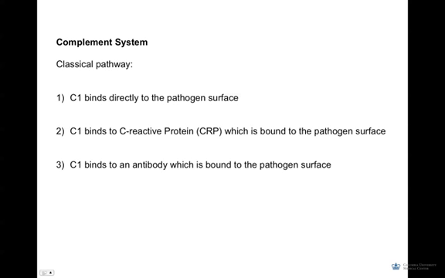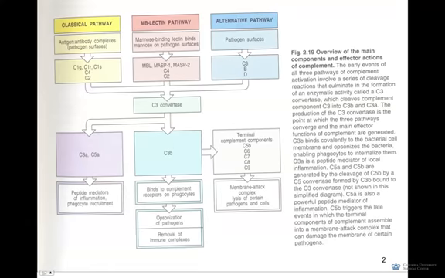This is an example of how our adaptive immune system can use the complement system in a very targeted way to fight a very particular pathogen. These are all included in the classical pathway of complement activation. The second pathway, the MB-lectin pathway, involves another protein called MB-lectin, or MBL.